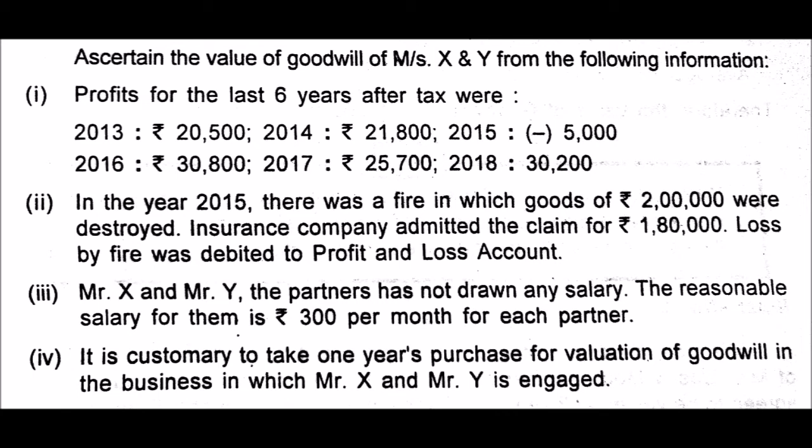So 300 rupees, 2 partners, per month, for 6 years. The calculation will be 300 into 12, that is for 12 months, into 6 for 6 years, into 2, that is for both the partners.